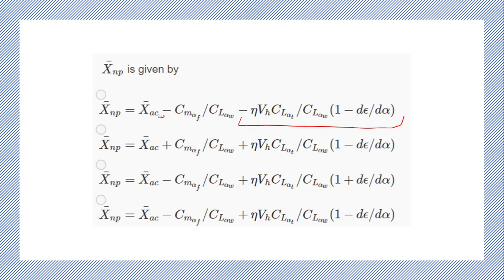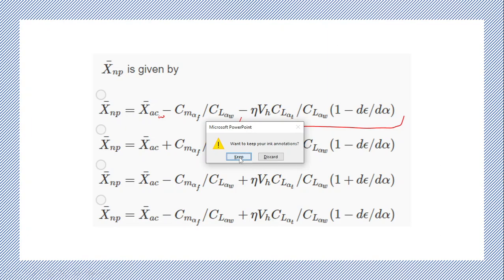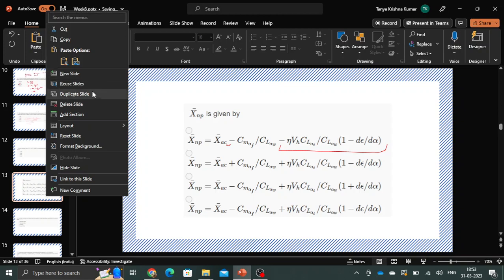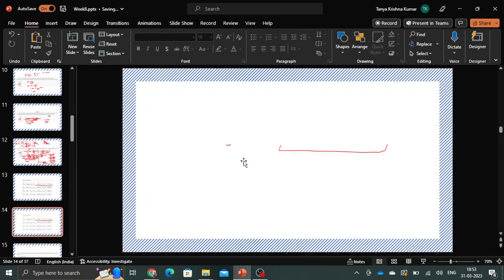Okay, I don't have place to do the derivation here. Let me just add a slide. Static margin is equal to x bar np minus x bar cg, and this was equal to the negative of the slope dCm upon dCl of the entire aircraft.